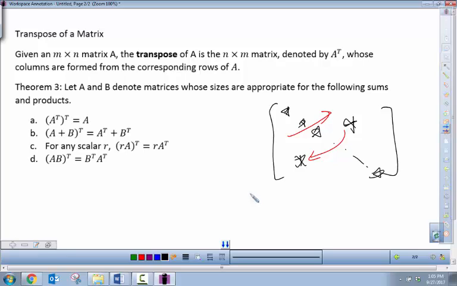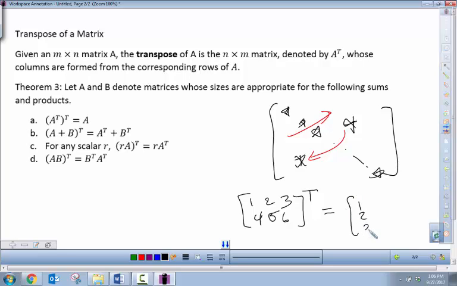I guess we can actually come up with a real example. 1, 2, 3, 4, 5, 6. If you want the transpose of that, then you're literally switching the rows and columns. Since there's 2 rows and 3 columns, the matrix now is going to have 3 rows and 2 columns.